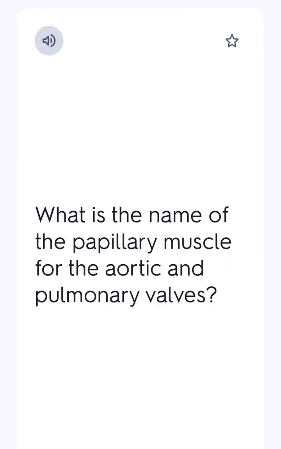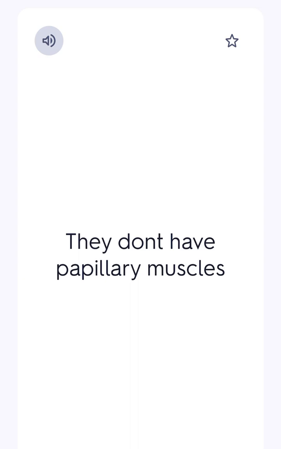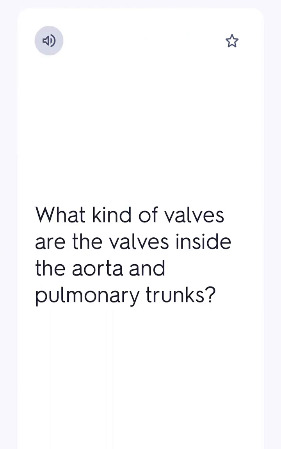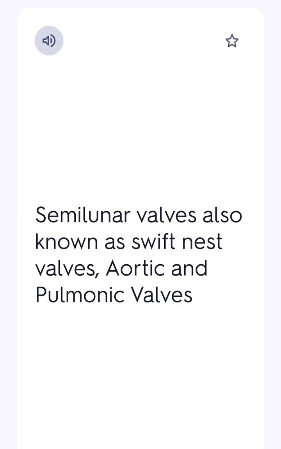What is the name of the papillary muscle for the aortic and pulmonary valves? They don't have papillary muscles. What kind of valves are the valves inside the aorta and pulmonary trunks? Semilunar valves, also known as Swift-Nest valves, aortic and pulmonic valves.